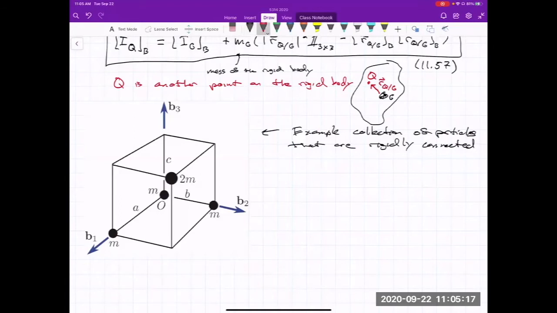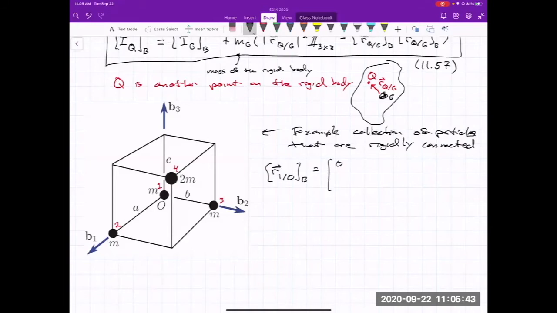And we could label these. It's probably convenient to label this one at the origin. This is particle 1, over here is particle 2, then over here is particle 3, and up here is particle 4, which means if we were to write the location of particle 1 with respect to the origin, and all in the B frame, well, it's at the origin.